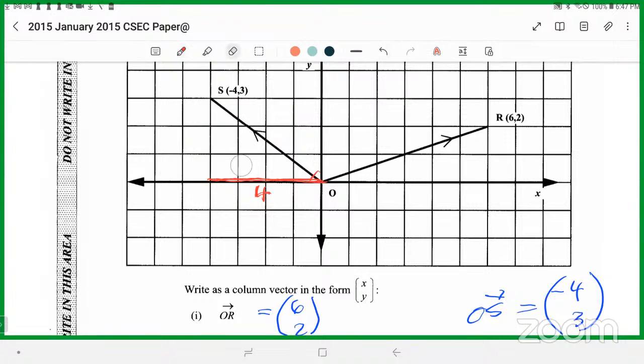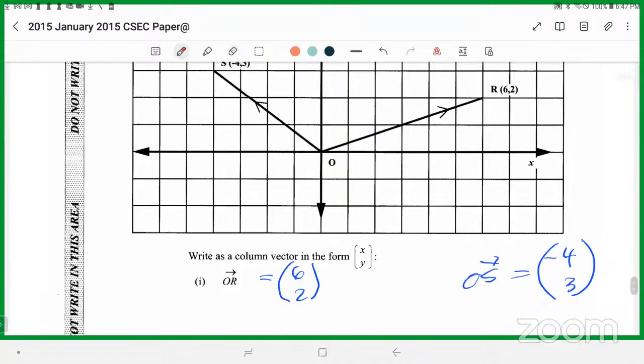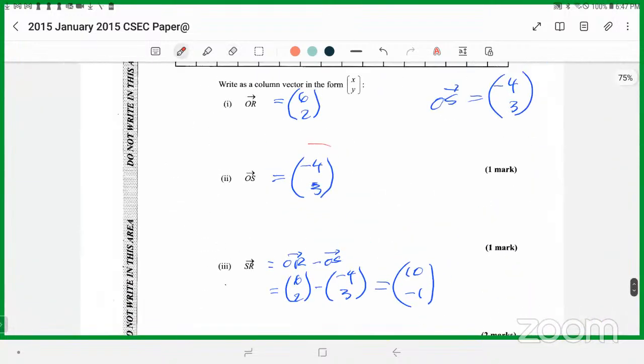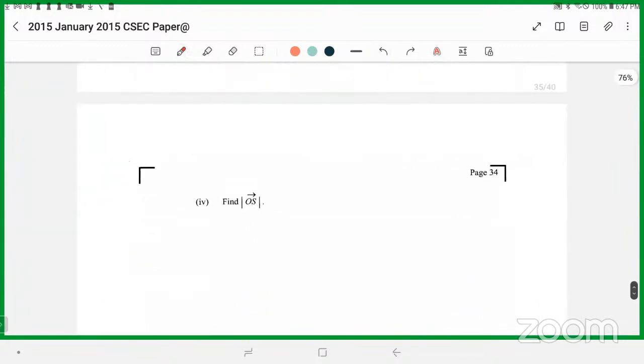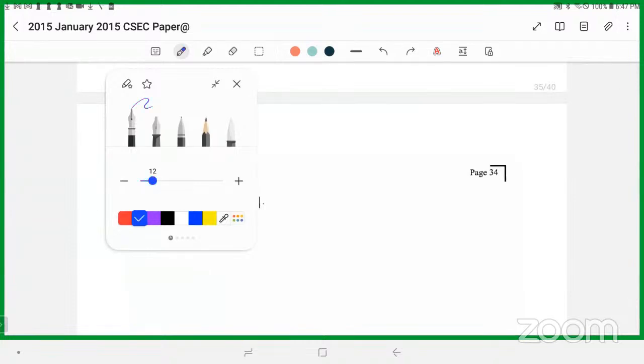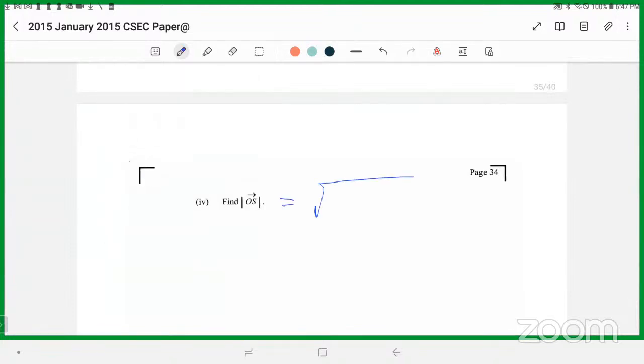But if I use the vectors method to show the work down here, these are the coordinates of OS, you know. Negative 4, 3. That's a vector. So the modulus of OS becomes the square root because it's really Pythagoras' theorem. Remember the OS is negative 4, 3.